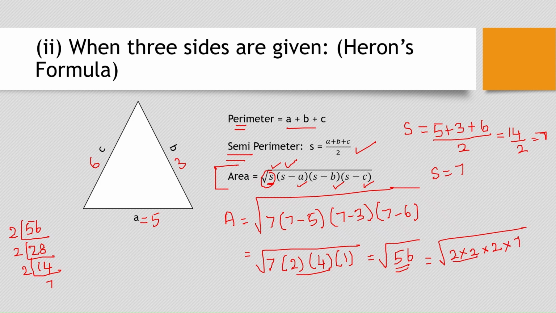So there are two 2s available, so I can take one 2 outside. The remaining doesn't have a pair, so you cannot take it outside the root. Just multiply and keep it inside. So the answer for this triangle is 2 root 14 centimeter square. So this is the area of this triangle.